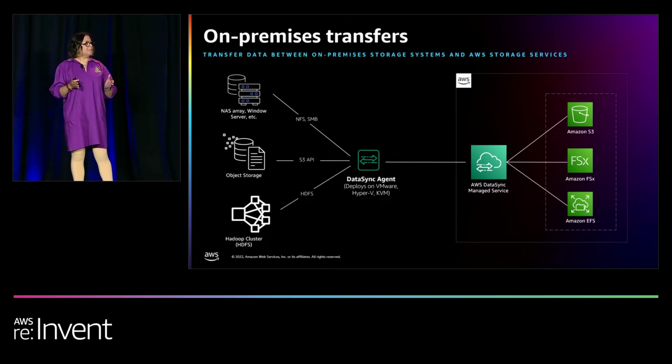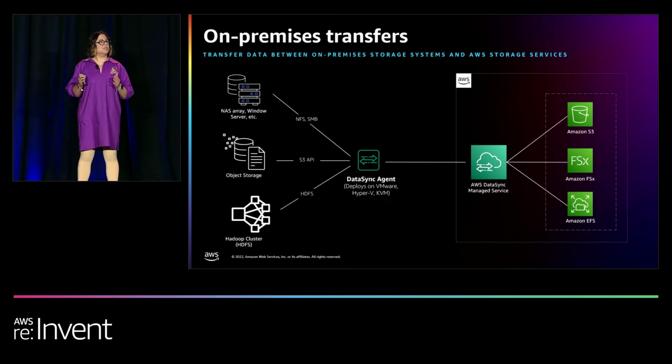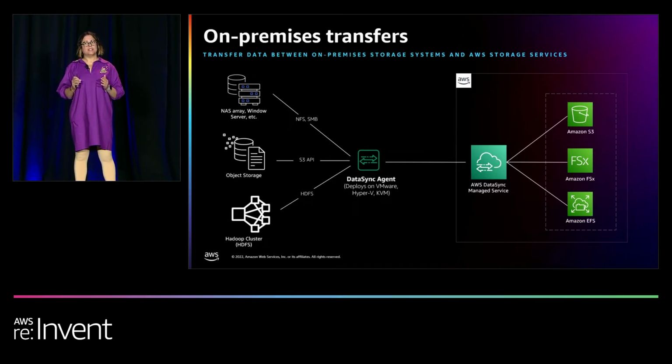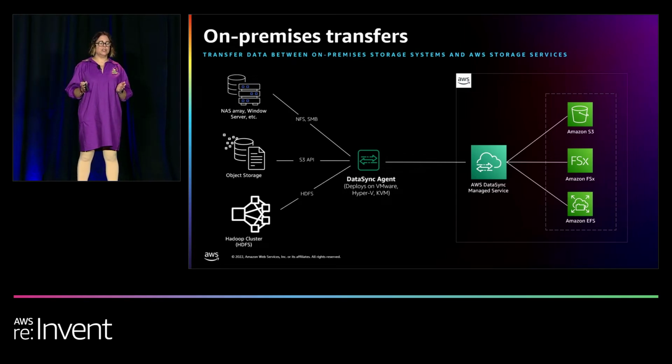And in that particular case, you can choose between three connectivity endpoints. So the first one is when you want to use a private connection from your data center to AWS, either leveraging a virtual private network or VPN, or AWS Direct Connect, so that you have a private connection between your on-premises storage systems and AWS.